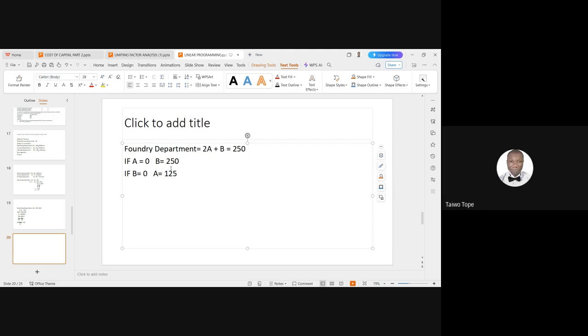For painting departments, the equation is what? 4A plus 5B equals 720.